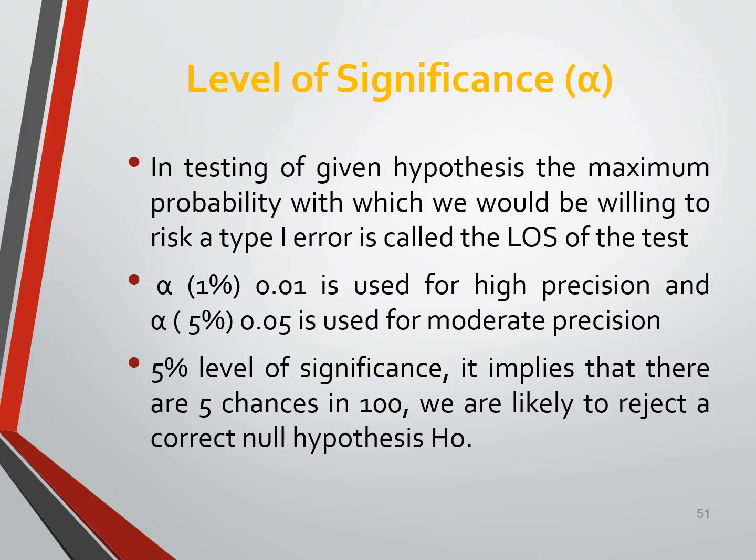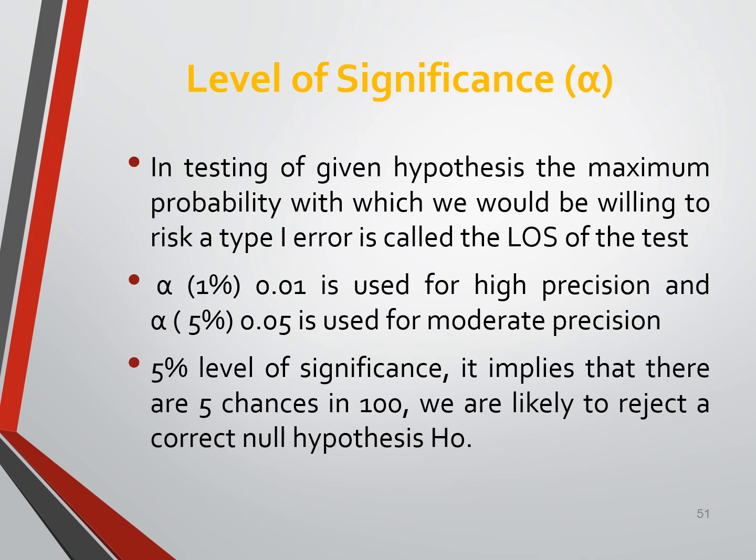Alpha of 1% is used for high precision, normally in the medical healthcare sector and medical science, where the 1% level of significance means your answer should be 99% acceptable. But for our social science, commerce and management, which also come under social science and life science, we take the 5% level of significance.